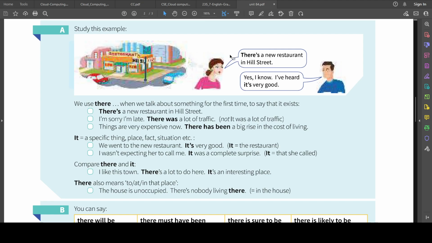She's talking about a new restaurant that exists. But the man says, yes, I know, I heard. It's very good. He's referring to that restaurant through the pronoun it.